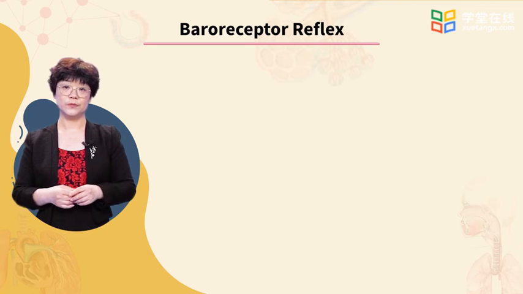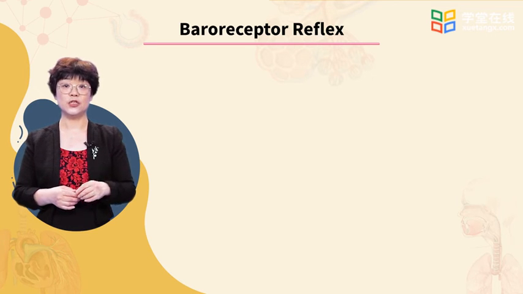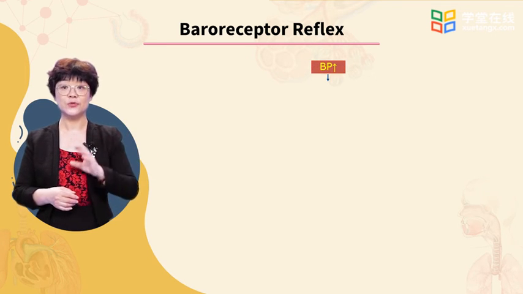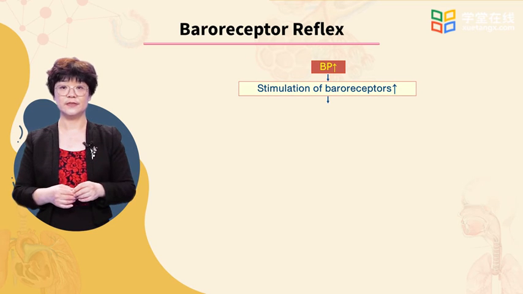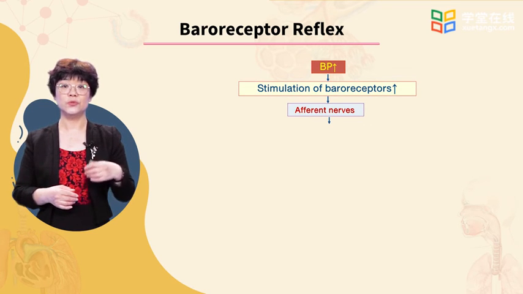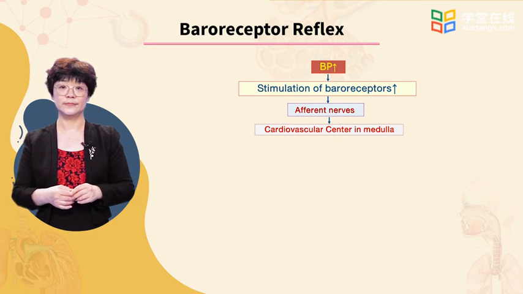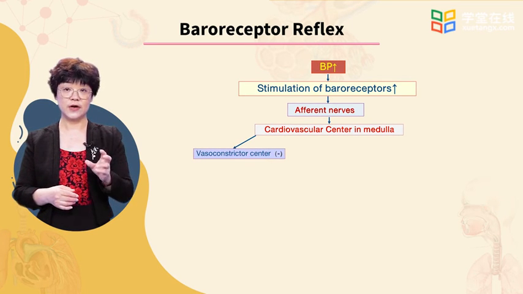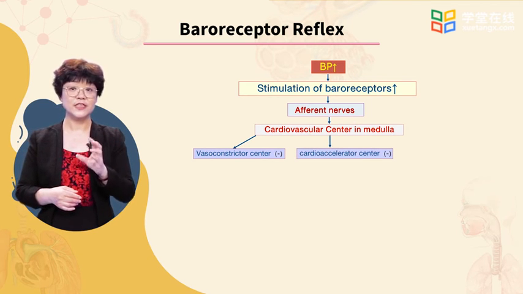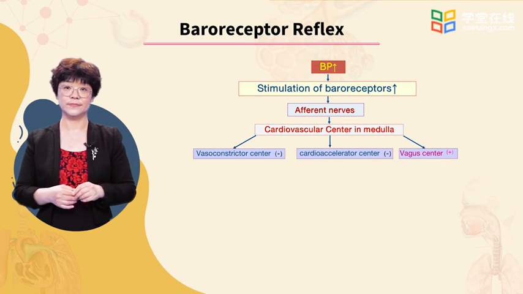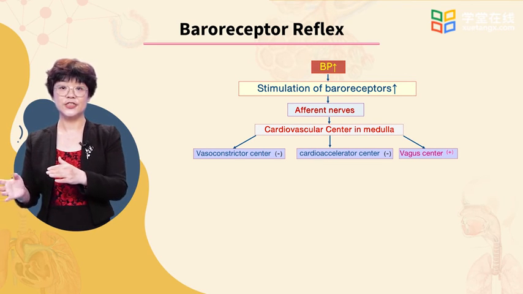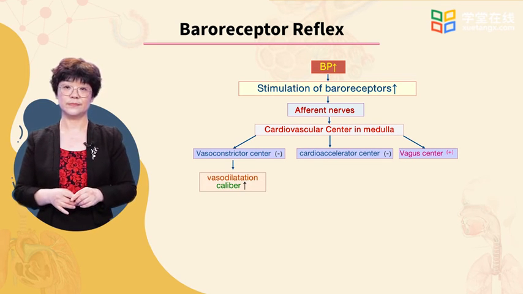For example, when arterial blood pressure rises rapidly, baroreceptors are activated and send impulses to the cardiovascular centers in the medulla of the brain. The vasoconstrictor area is then inhibited, whereas the vasodilation area is activated, leading to the dilation of blood vessels.